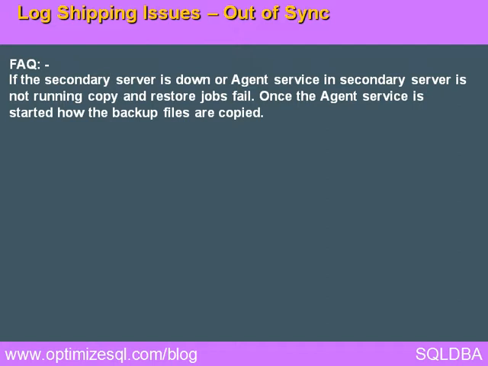If the secondary server is down or the agent service in the secondary server is not running, the copy and restore jobs fail. Already we have seen this. Once the agent service is started, how are the backup files copied? For example, one hour back the agent service was stopped in the secondary server, but the backup job is running and generating backups. The last copied backup was the 100th one, and 20 more backups are generated.